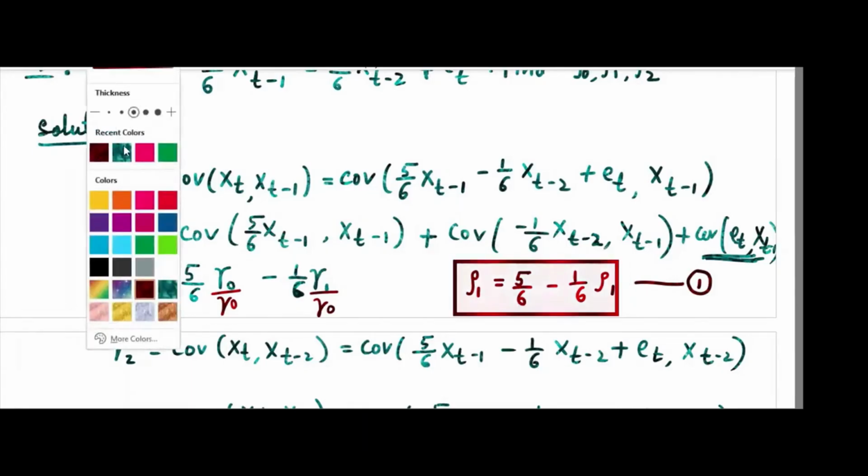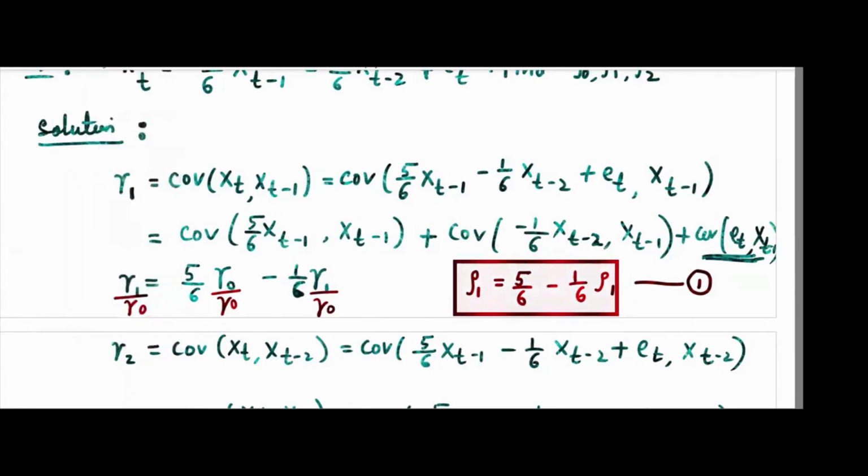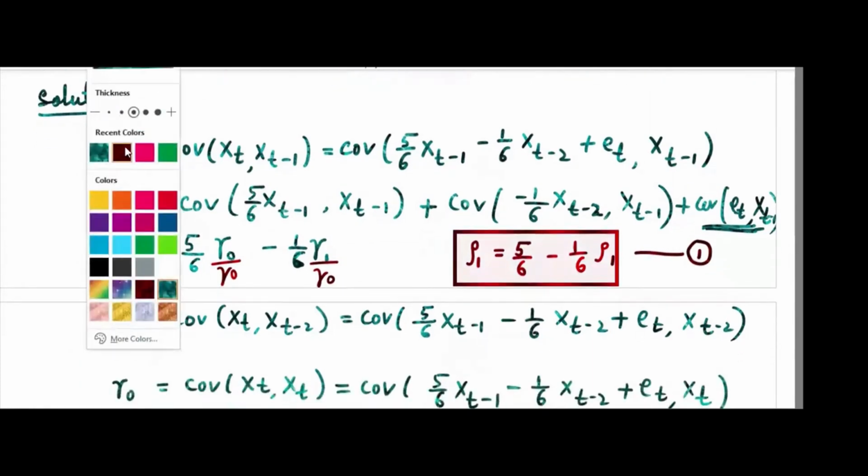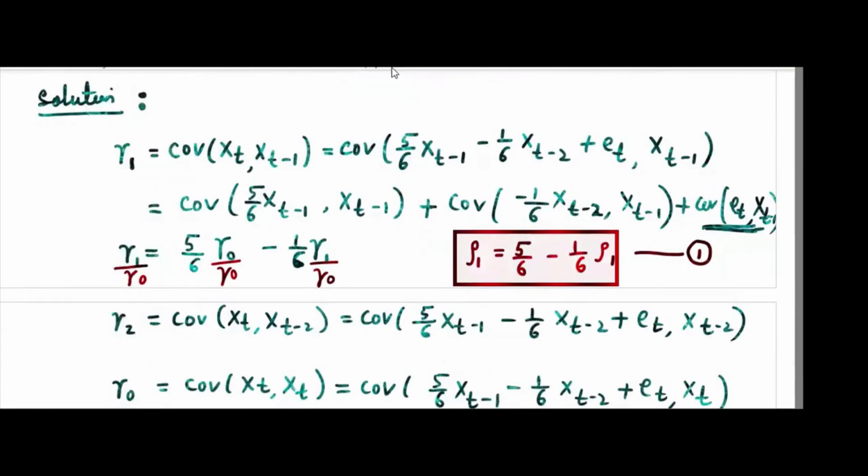And then let me go to the next one. Similar to this, we'll find gamma 2 here. Now if you check this one with this one, this will give you gamma 1 because there is a lag of 1. If you check with x_t minus 2, x_t minus 2, it will give you gamma naught.